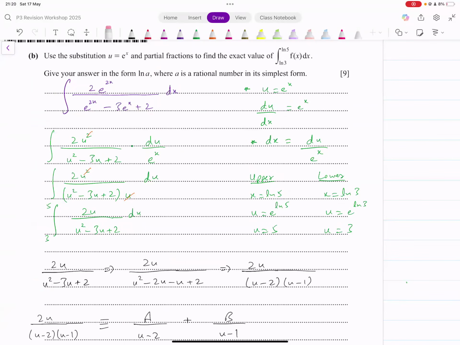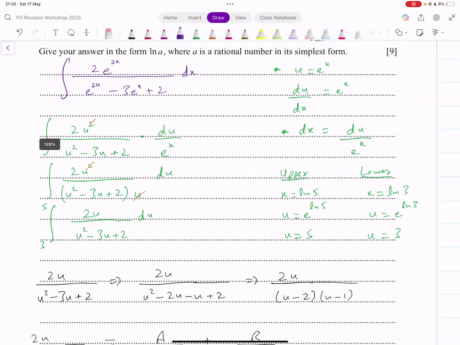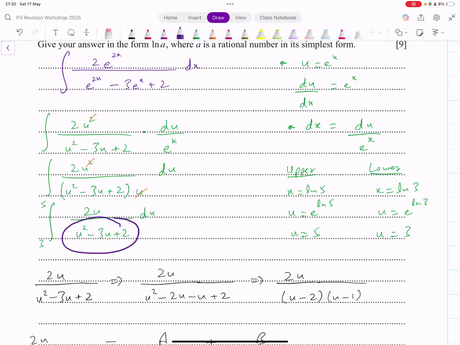They've given you a substitution, and that is u equals e raised to power x. You use that substitution. After using that substitution, you end up getting this. Now, how do you integrate this? They gave you a hint in the question that you have to use partial fractions. Even if they did not give you that hint, you should have been able to think about it yourself, that you can factorize the denominator into two parts like this, and then use partial fractions, and then integrate that separately.